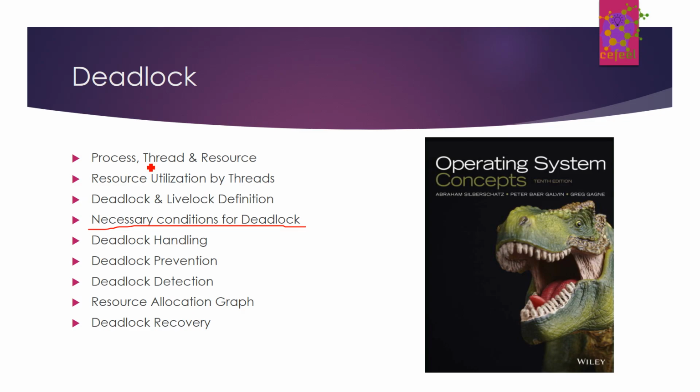We will go deeper into deadlock handling mechanisms, where we will see deadlock prevention, deadlock detection. We will also see a concept called a resource allocation graph, which we can use to detect deadlocks. And finally, before we end, we will cover deadlock recovery, and we will end with some review questions. So friends, let's get started.